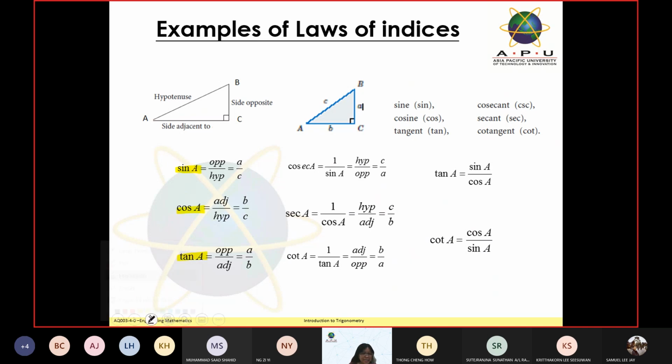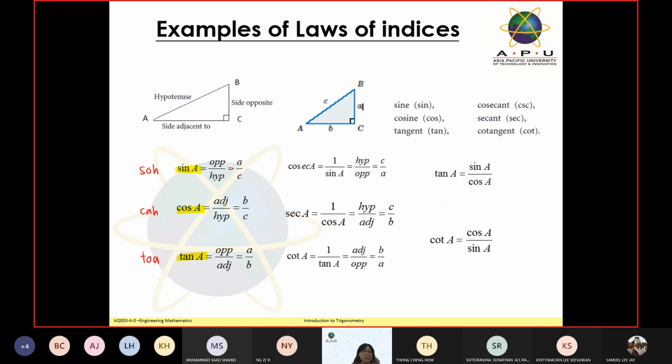Yesterday students shared with us that sine is SOH, cos is CAH, and tangent is TOA. It looks quite interesting because last time I was not using this way. Now we go further: sine, cos, tangent.